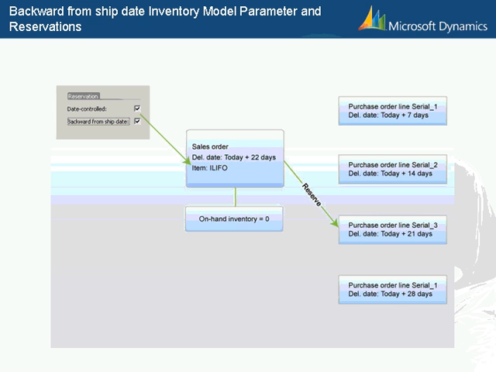So look at this picture, where both of those options are active, and we have a sales order with a delivery date of today plus 22 days.